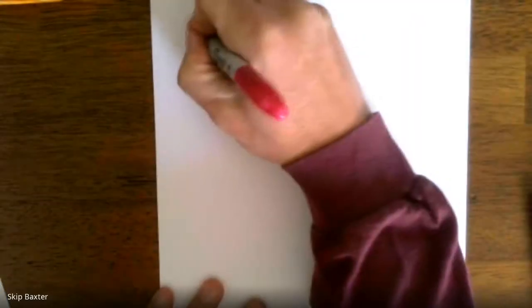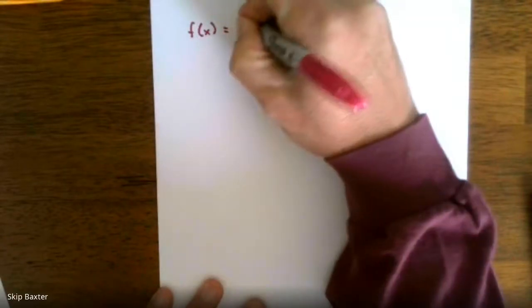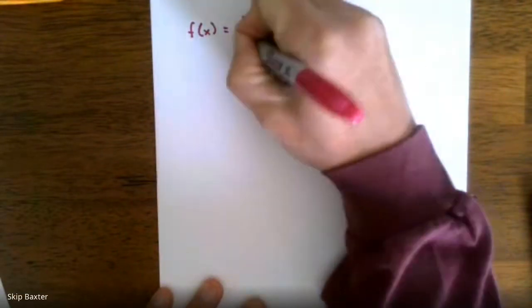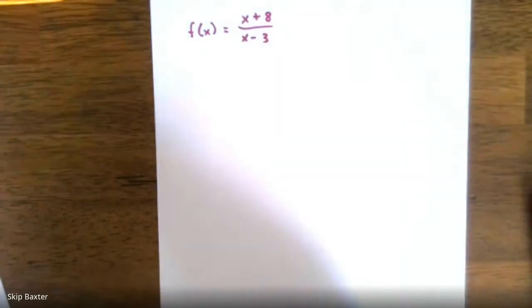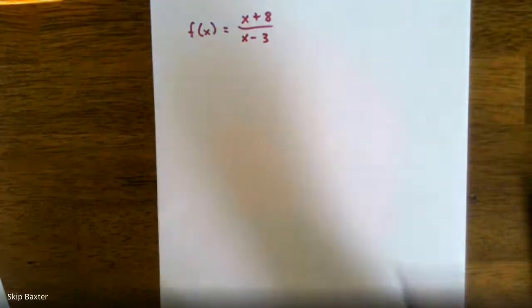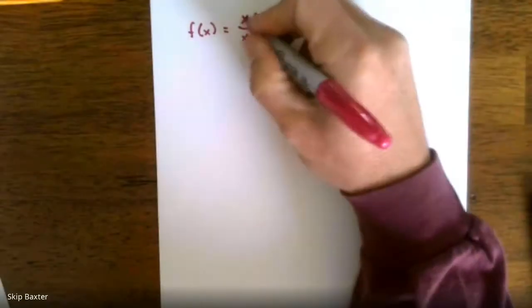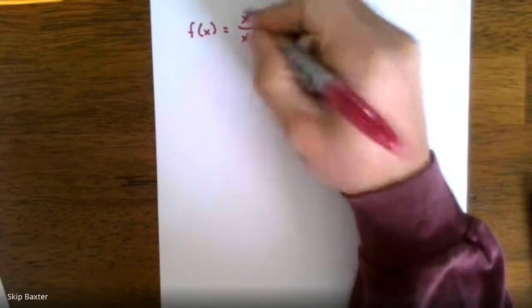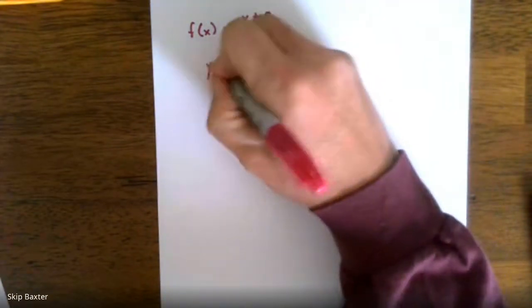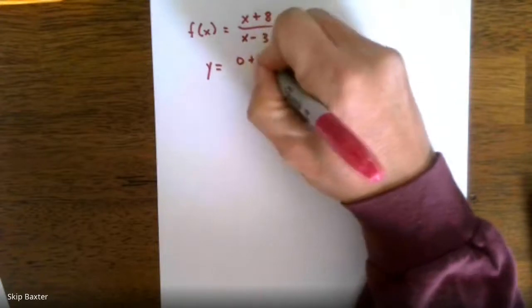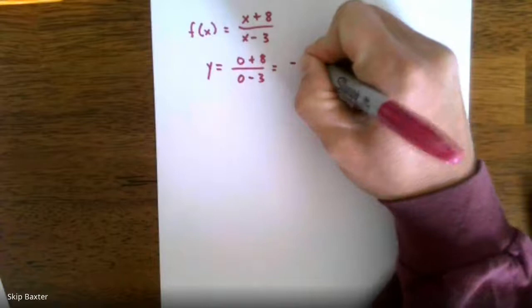If I have a function like f of x equals x plus 8 over x minus 3, I really just need to find the points where x equals 0. So y would equal 0 plus 8 over 0 minus 3, which is negative 8/3.